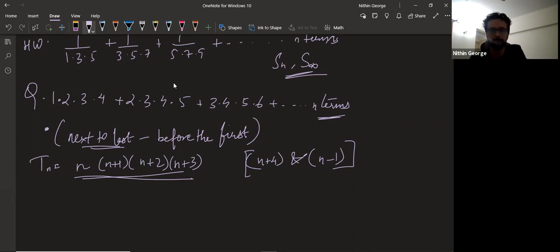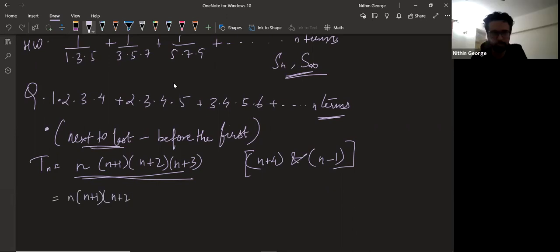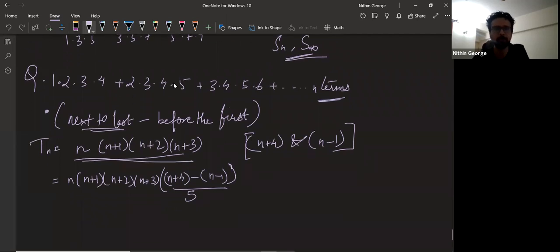Okay. Guys, are you getting this? Yes, sir. Okay, so for that, I will write this as n into n plus 1 into n plus 2 into n plus 3 into next to last minus before the first. That becomes n plus 4 minus n minus 1, divided by what? n plus 4 minus n minus 1 comes out to 5. So 5 came from nowhere, so you divide by 5 as well. Okay.